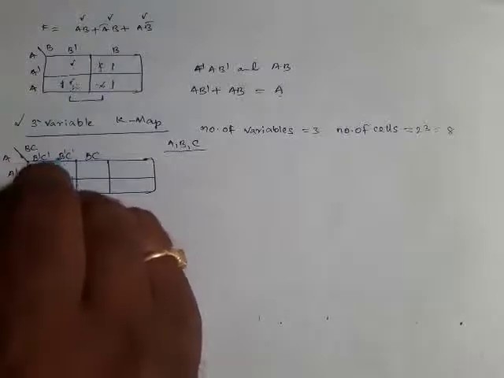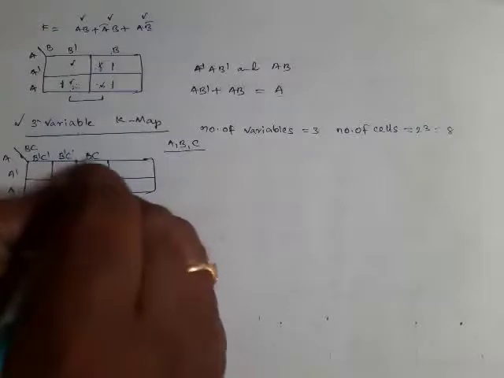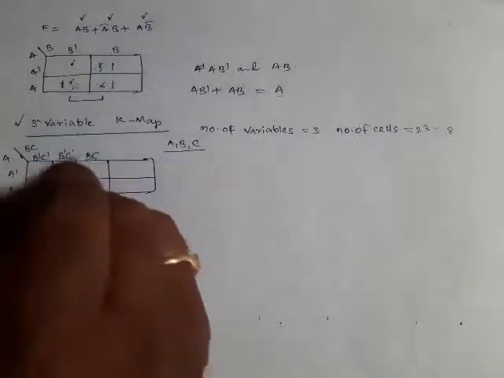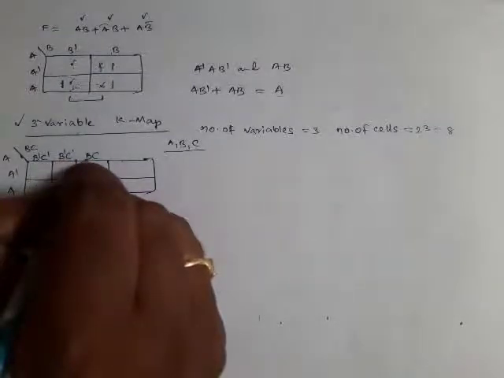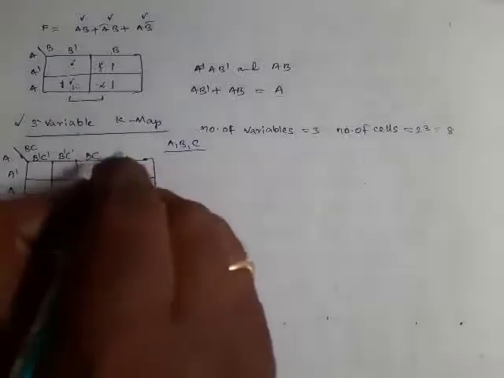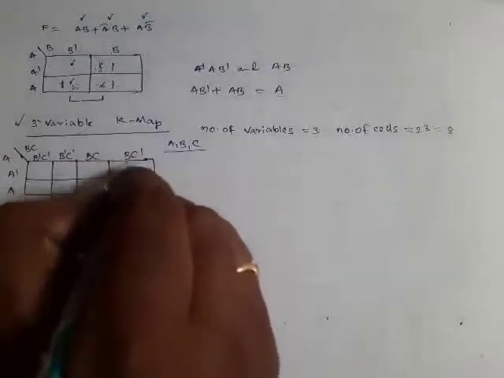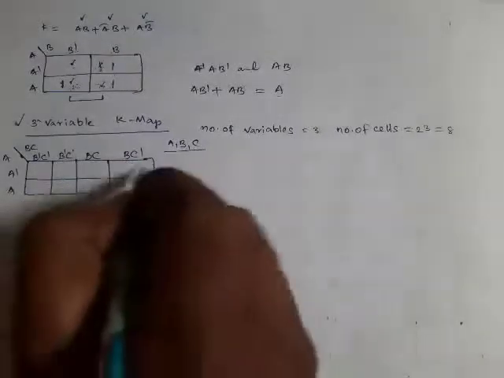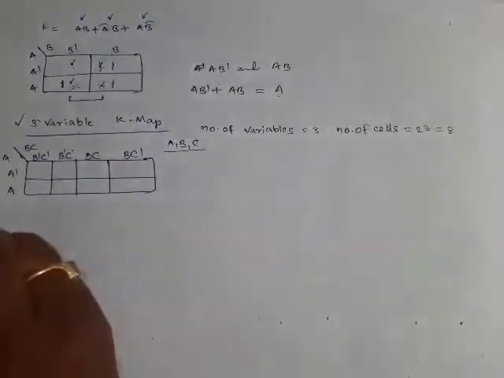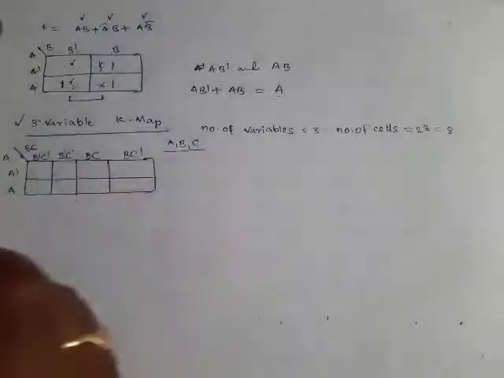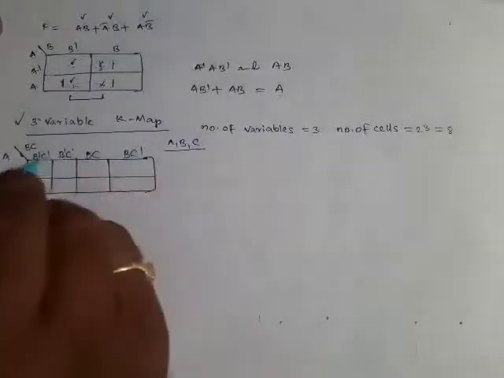So from this, b remains as it is, c has changed. From this, c will remain as is, b will change. And after this, b remains as it is, c will change to represent the last column.